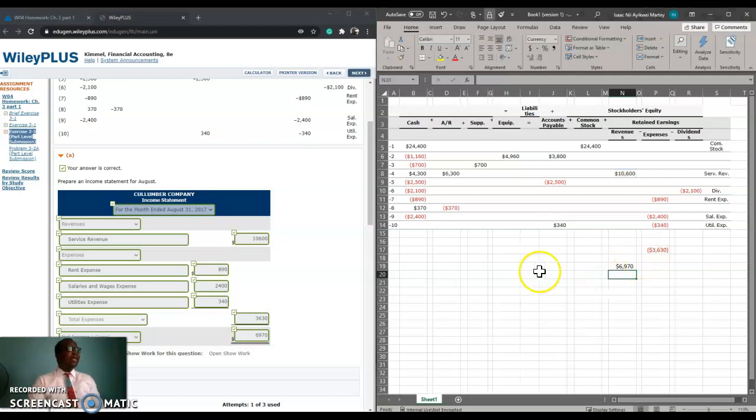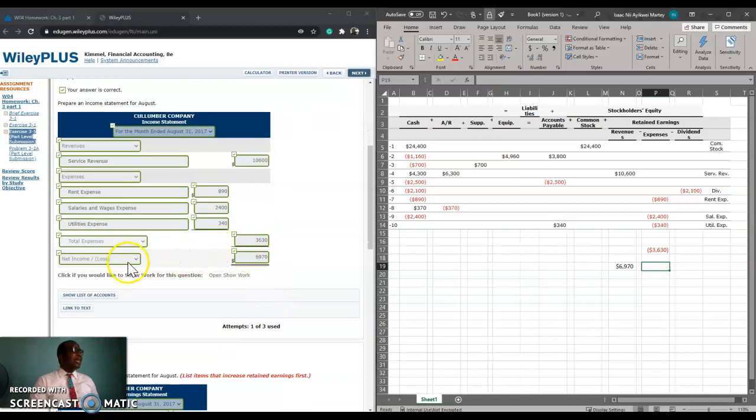So when you add, it gives you $6,970. If you try and do a subtraction, it will give you a larger amount, which is wrong, because it will negate it twice. So please take note, if you tamper with the Excel sheet, you make sure that you follow the rules through to the end.